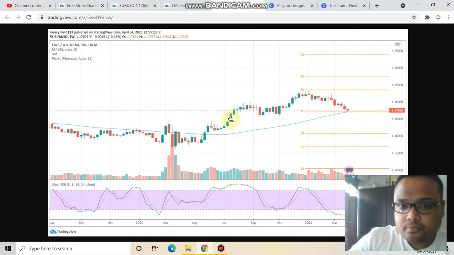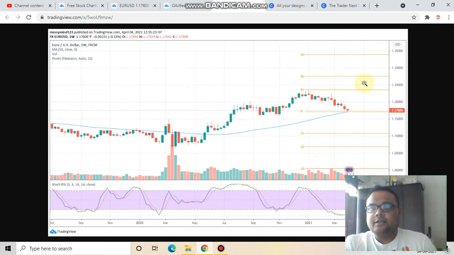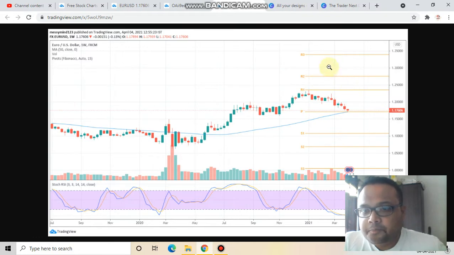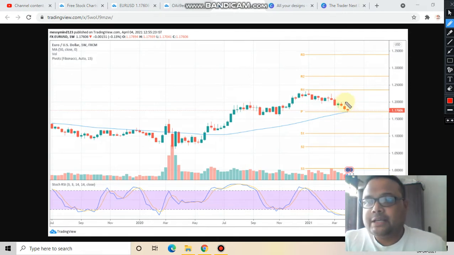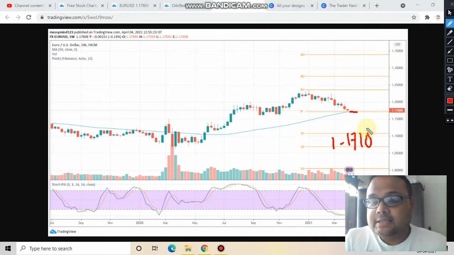You can see that in the weekly chart, previous week market has formed a red candle with price rejection from above. But this week, after reaching this level, 1.1710, the price has bounced.